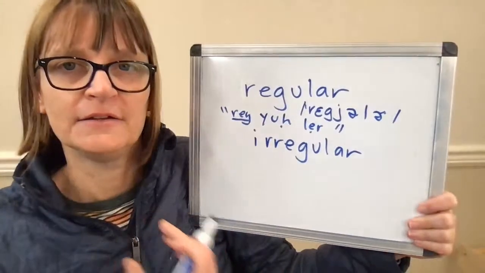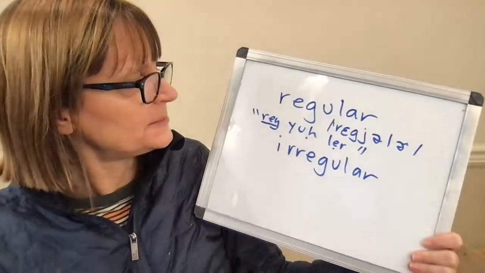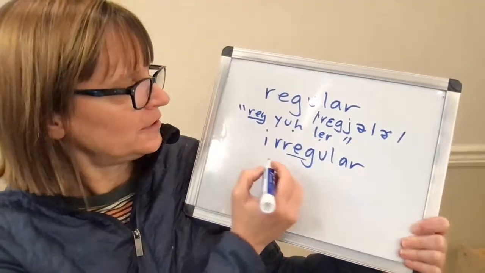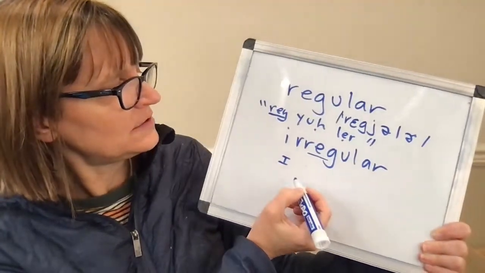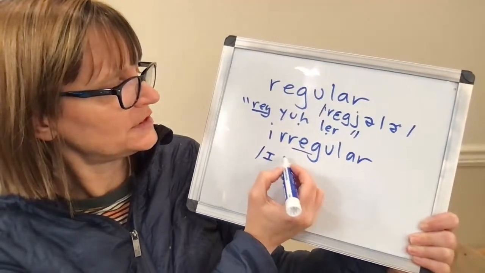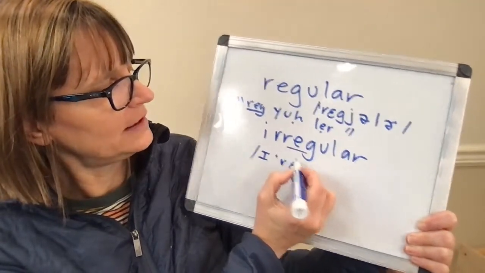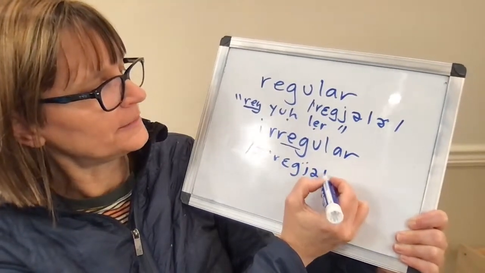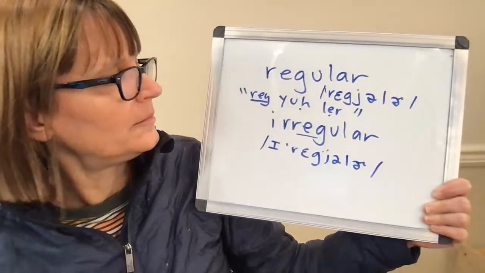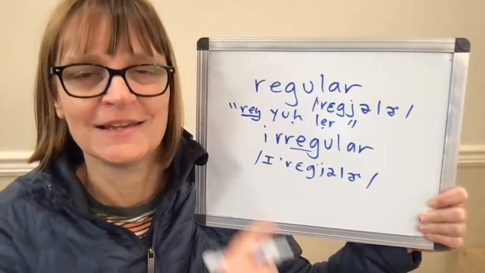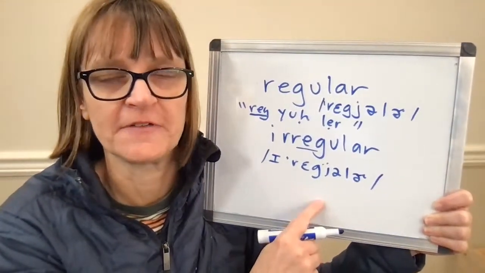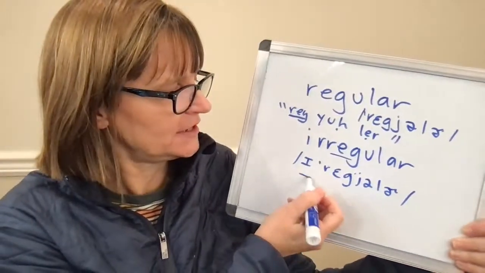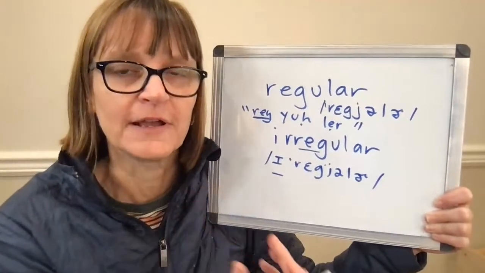And then irregular, same stress pattern with reg being stressed. Irregular, you're going to have more of an I sound for that first unstressed syllable. And then just the same as regular, irregular. The only difference would be if I'm saying it's an irregular event, if I'm contrasting the two, I might put a little bit of stress here on regular and irregular.